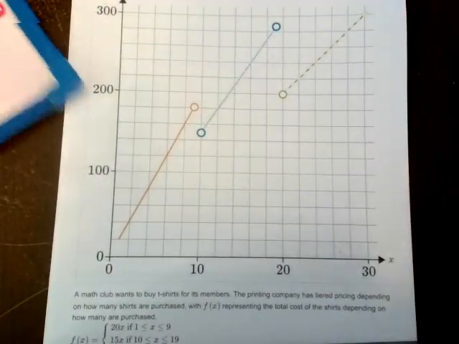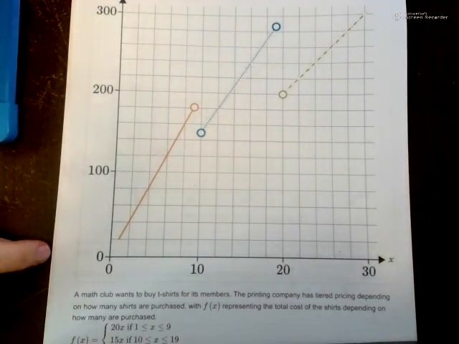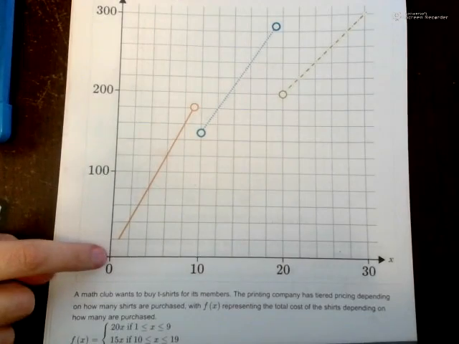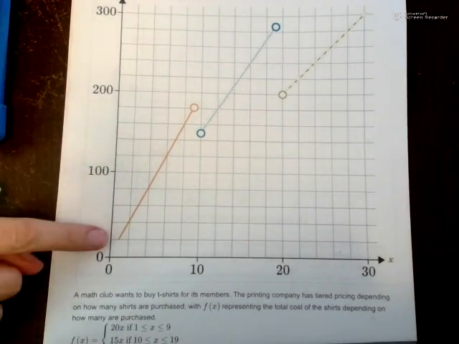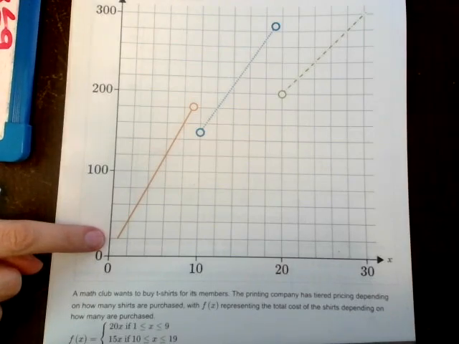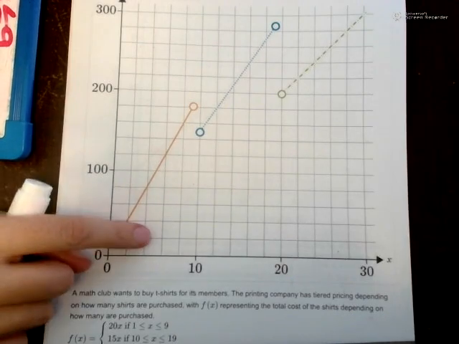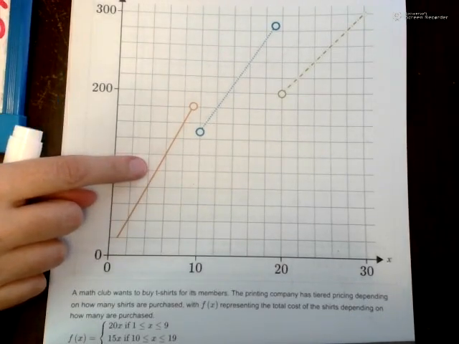So our first point is 1 and 20. So let's see, 1 and let's see, 20, 40, 60, 80. So that could be reasonable. 5 and 100. 5 is going to be about halfway. And 100, yeah, that would work. 9 and 180.